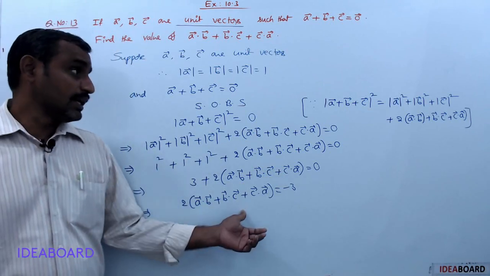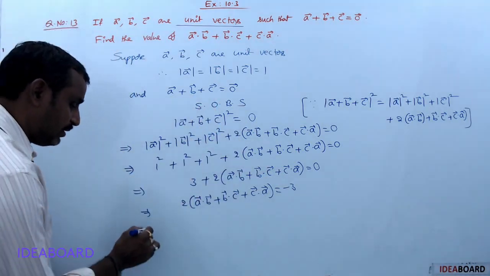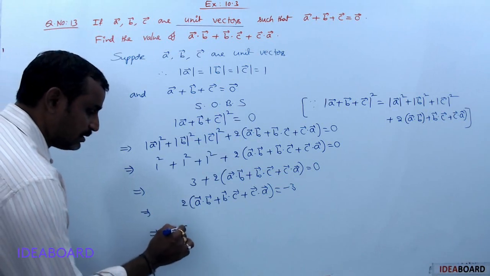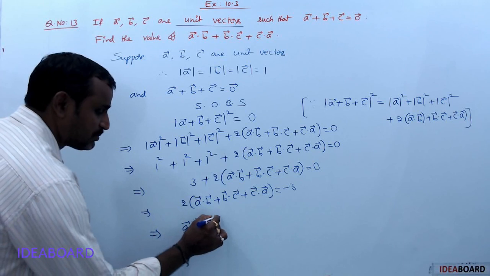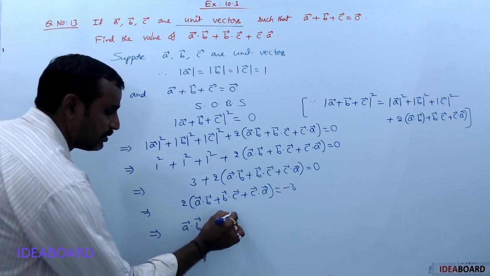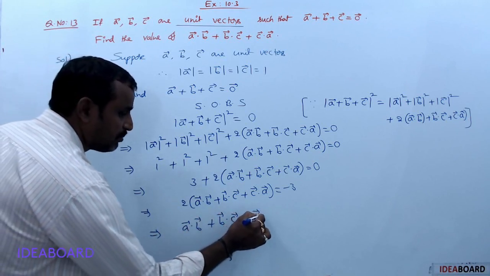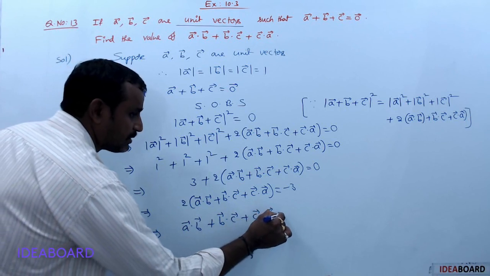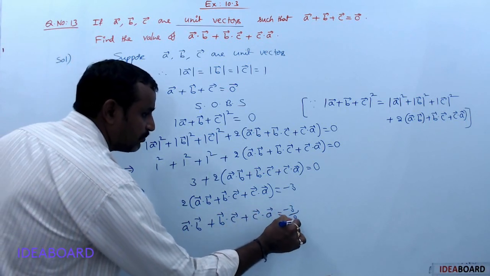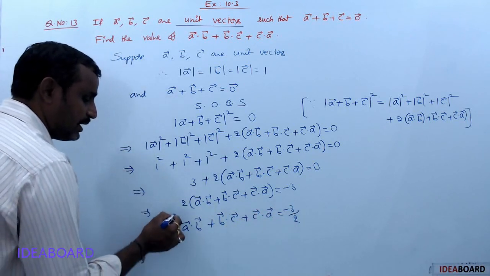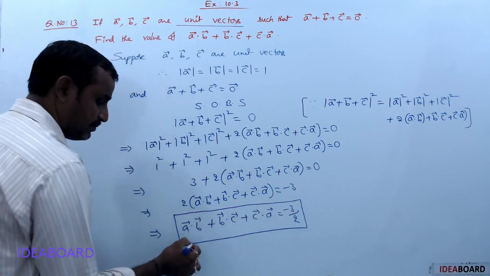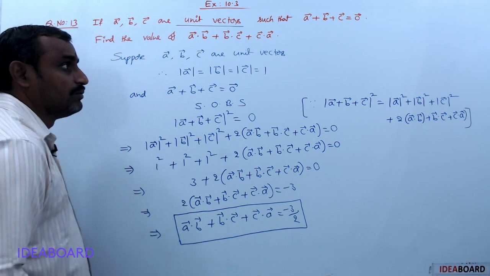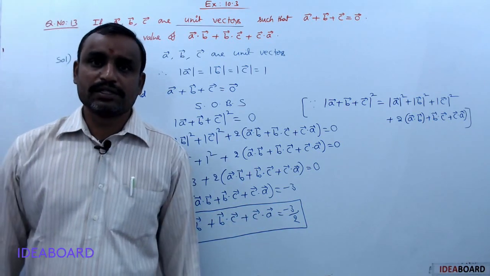Simplifying, a bar dot b bar plus b bar dot c bar plus c bar dot a bar is equal to minus 3 by 2. This is the required solution for the given question. Note it down, we will discuss the next question.